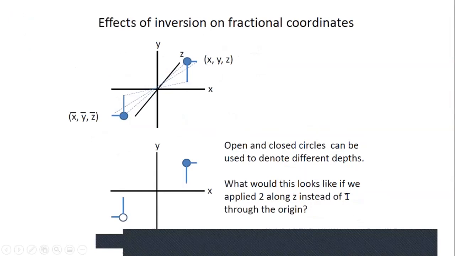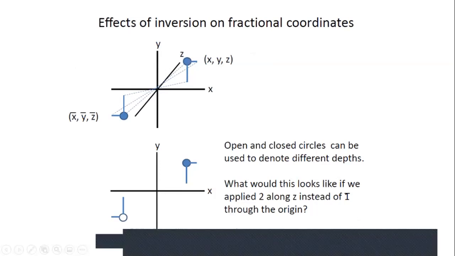So how does it change the fractional coordinates when we have an inversion center? Again, we start with x, y, and z. All you do is you make x, y, and z negative. So we get negative x, negative y, negative z. And what it's showing you here is the difference between a twofold rotation and an inversion center.